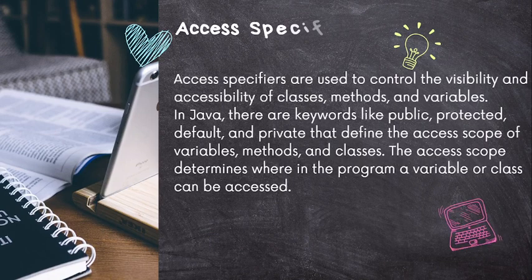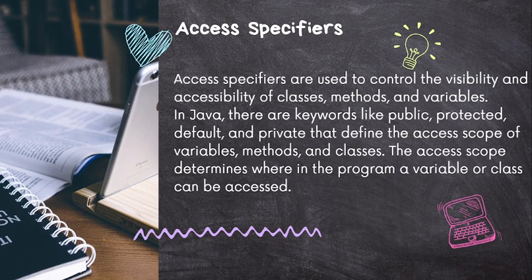Now we'll see access specifiers. Access specifiers are nothing but keywords which we use so that we can give access to a particular method or class or variable, or restrict the use of our variable, class or methods.